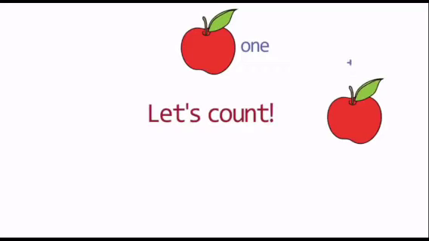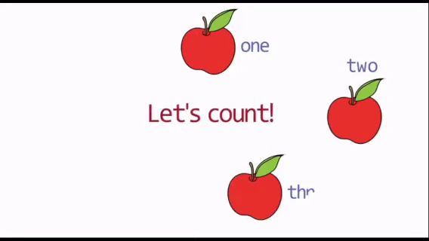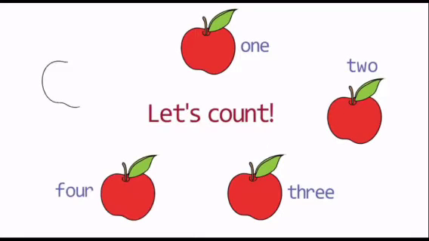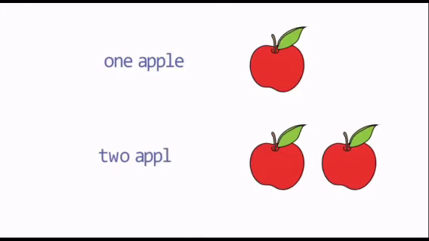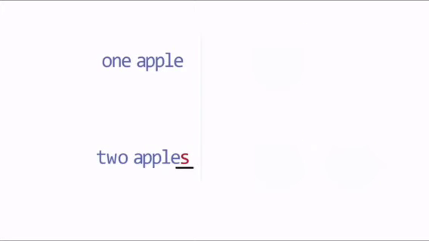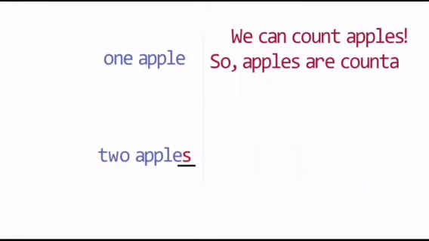Here we have 1, 2, 3, 4, 5. So here we have 1 apple, 2 apples. So here we can add the letter S. So we can count apples. So apples are countable nouns.